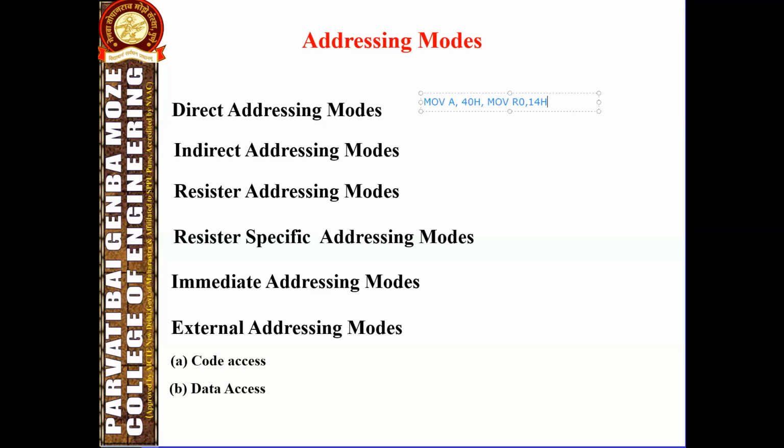The R0 and R1 of each register bank can be used as an index or pointer register. R0 and R1 point to the content in the RAM. The at sign indicates the register acts as a pointer to the memory.